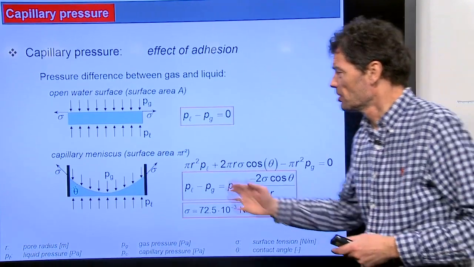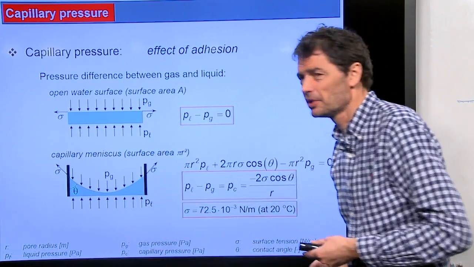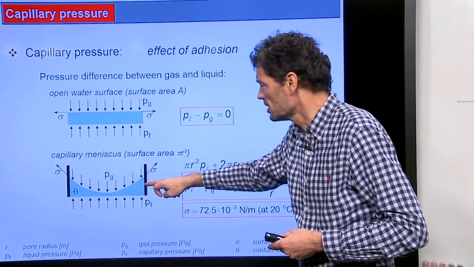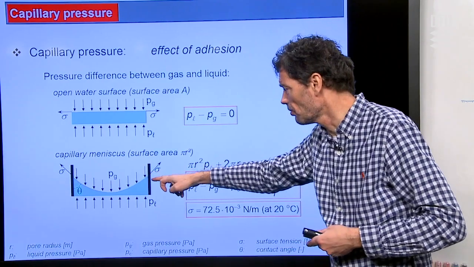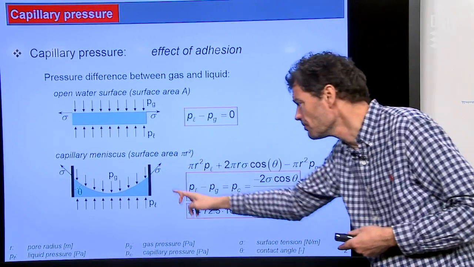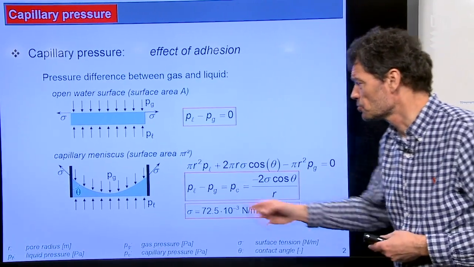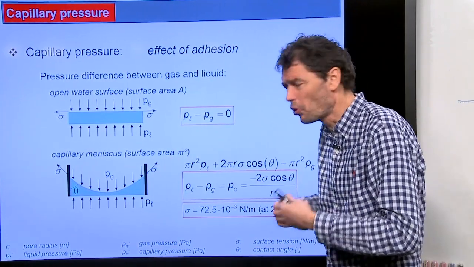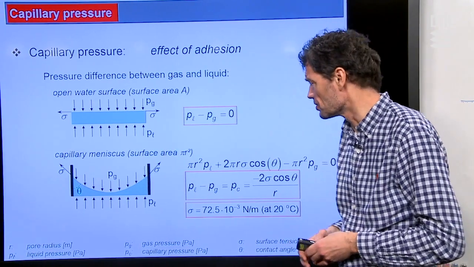But in our glass tube or vessel, because of the intermolecular forces I talked about before, we have surface tension, and we use the symbol sigma to indicate that, to draw the water up along the glass surface.